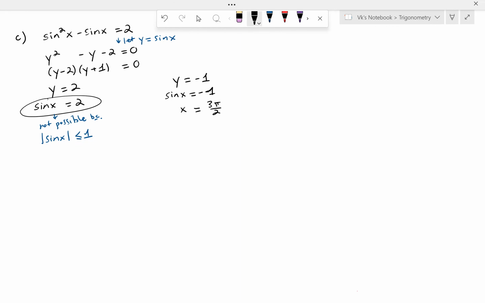So for every cycle, that is every 2 pi, we have another angle. And we add 2 pi k. Yay! This is cool.